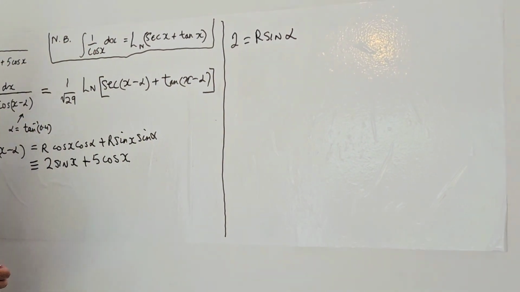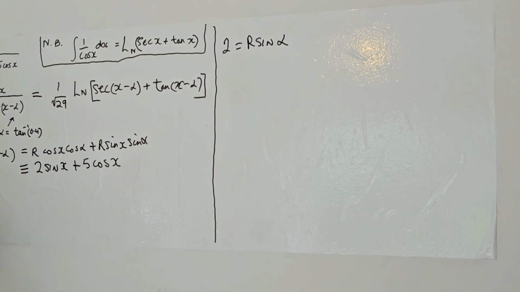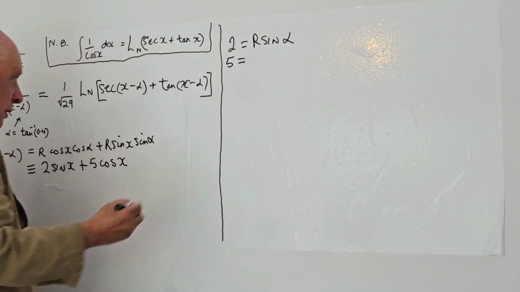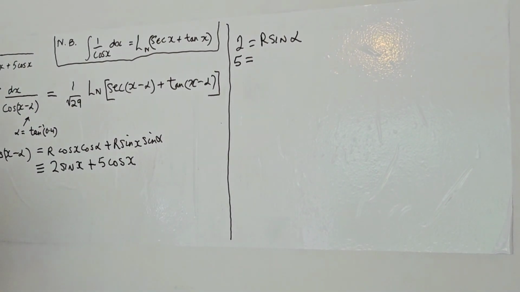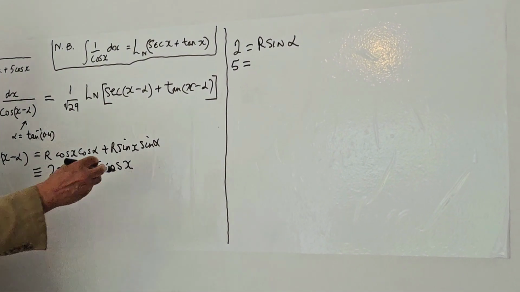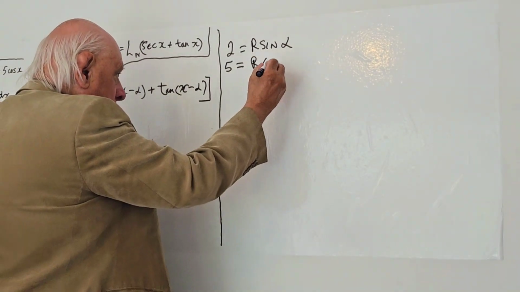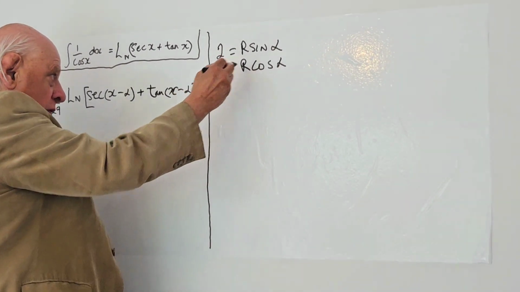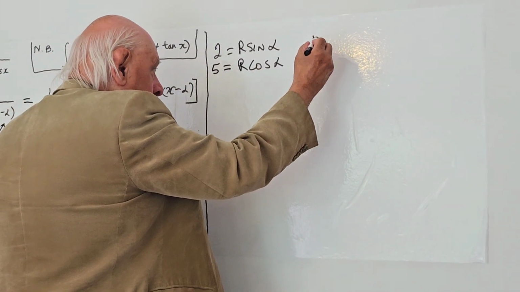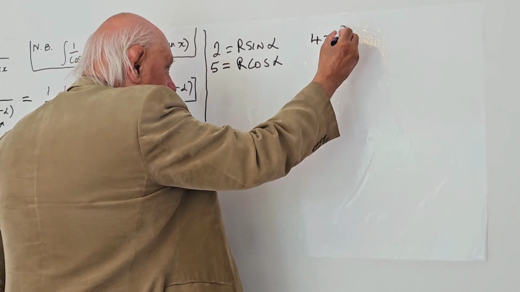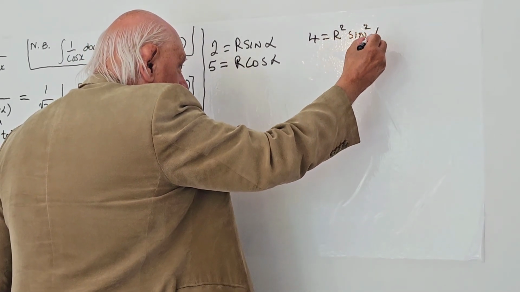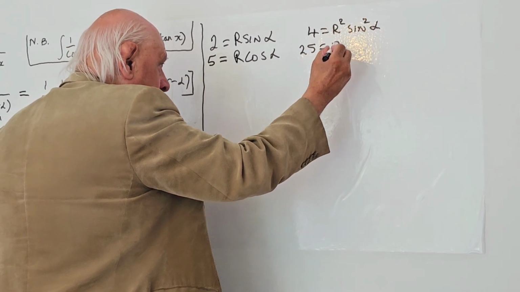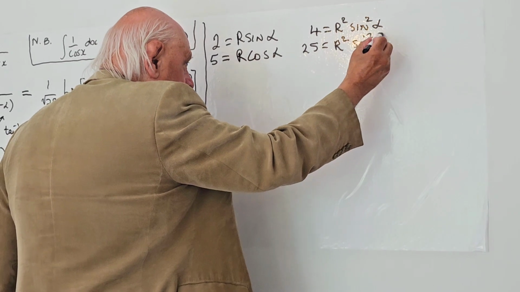And likewise, equating the coefficients of the cosine of x, we have 5 equal to r cos of alpha. If we square both of those, we get 4 equals r squared sine squared alpha and 25 equals r squared cos squared alpha.